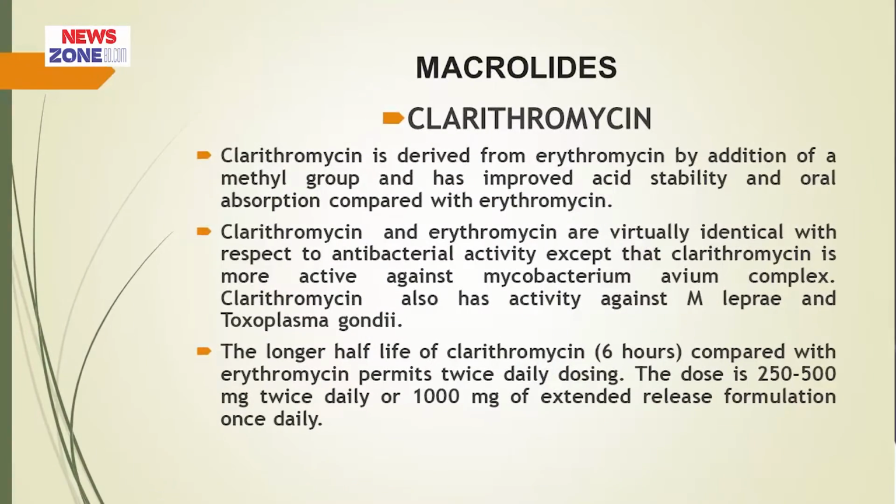Clarithromycin and erythromycin are virtually identical with respect to antibacterial activity, except that clarithromycin is more active against Mycobacterium avium complex and it also has activity against Mycobacterium leprae and Toxoplasma gondii. The longer half-life of clarithromycin permits twice daily dosing. The dose is 250 to 500 mg twice daily or 1000 mg of expanded release formulation once daily.